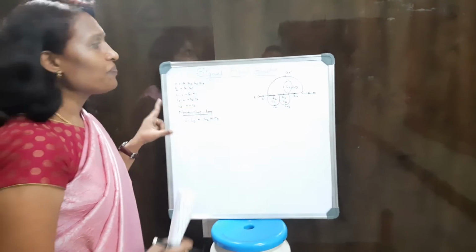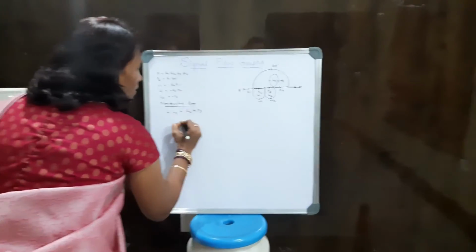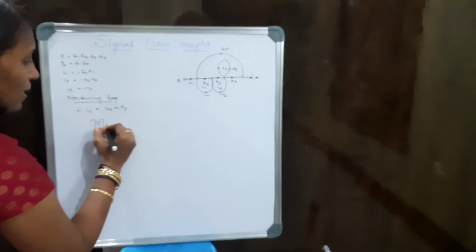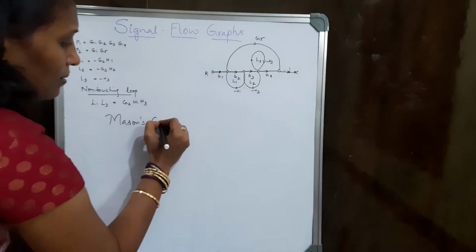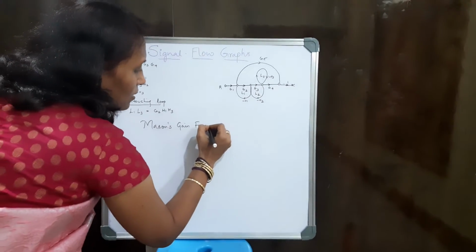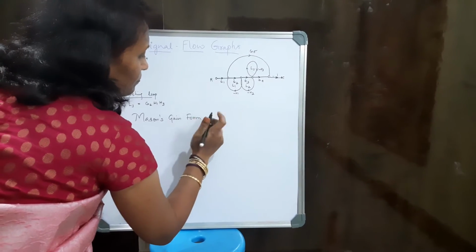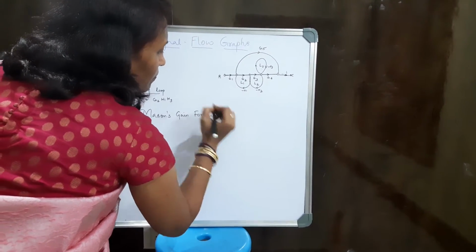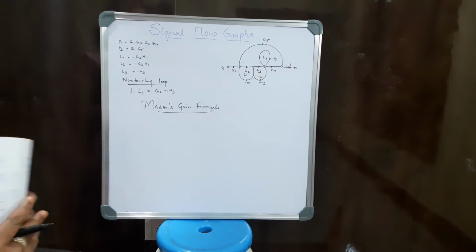loop concept. Now we have a formula which is called Mason's gain formula, which is named after the person who gave it to find out the transfer function.